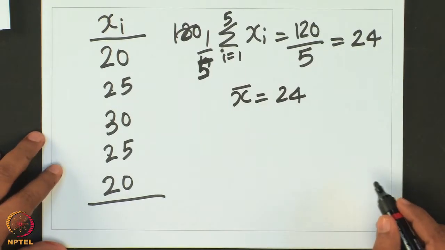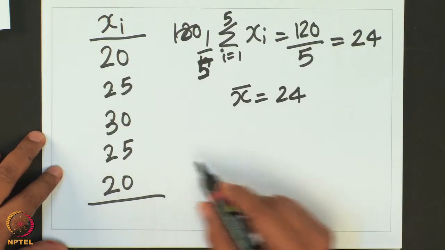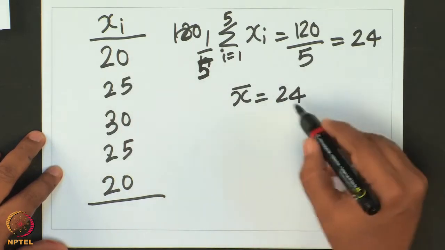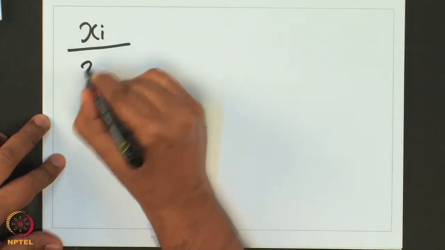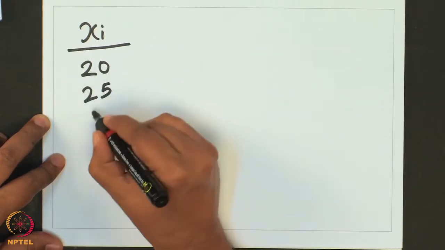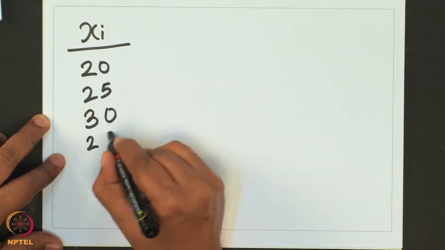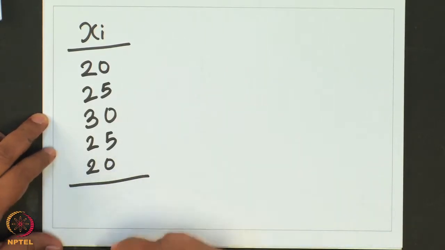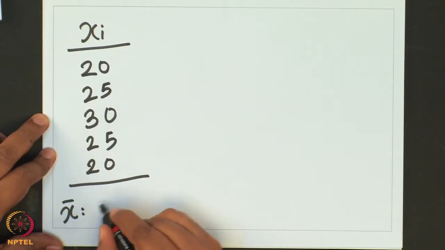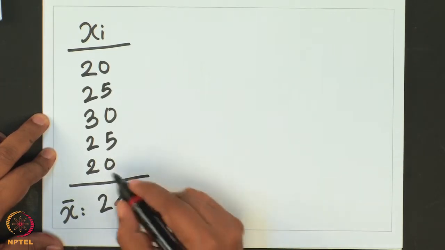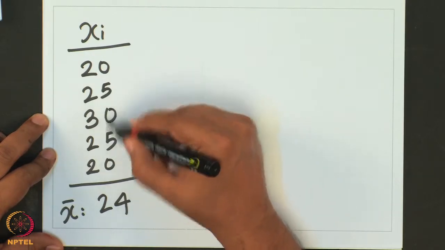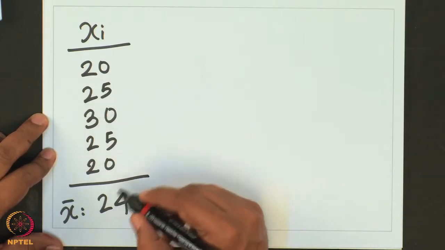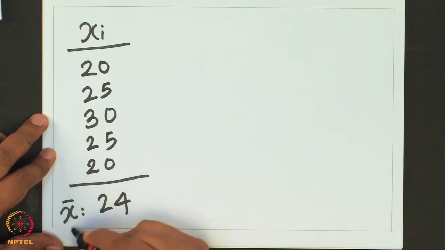Now what we need to do is to subtract x bar from each of these numbers. Let us do this a little carefully. The numbers are 20, 25, 30, 25, 20, and the mean is x bar, which is 24.